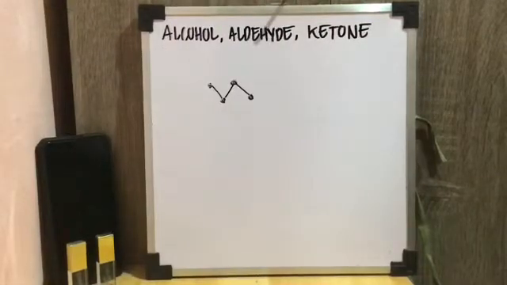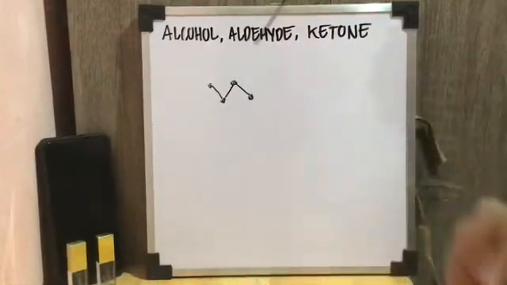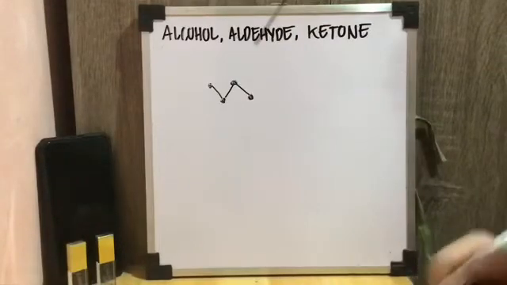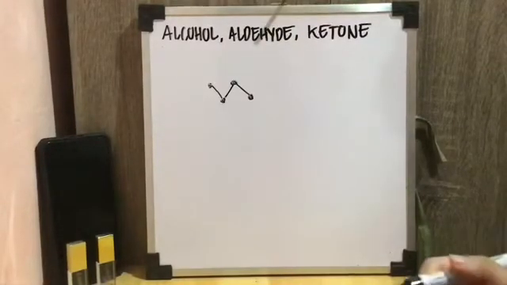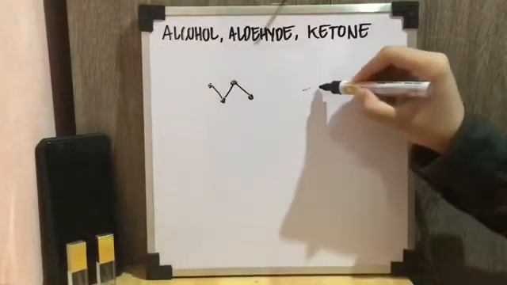In organic chemistry, we have 3 different bonds that are signified by 3 different suffixes. If your organic compound has single bonds all throughout, you would use the suffix -ane.